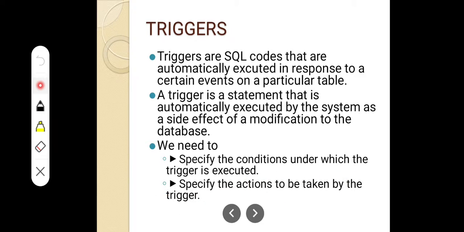If the condition is true, what action is to be performed, we have to specify that. Clear? So in trigger we need to specify the condition under which the trigger is executed. Okay, and what action is to be taken by the trigger, that also is to be specified. Clear?